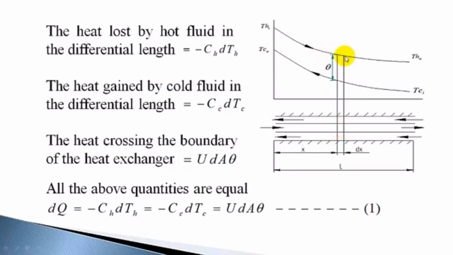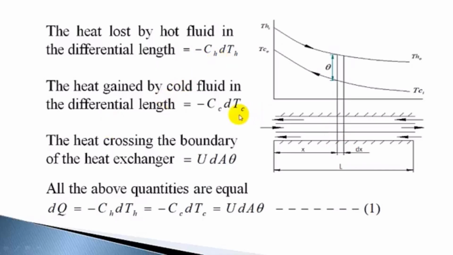For the differential element, the differential change in temperature is the final temperature at the end of the element minus the temperature at the starting point of the element, final minus initial, that is dTh, and that dTh is negative for the hot fluid. So to make the quantity positive, I introduced a negative sign. So this will give the heat lost by hot fluid in that differential length.